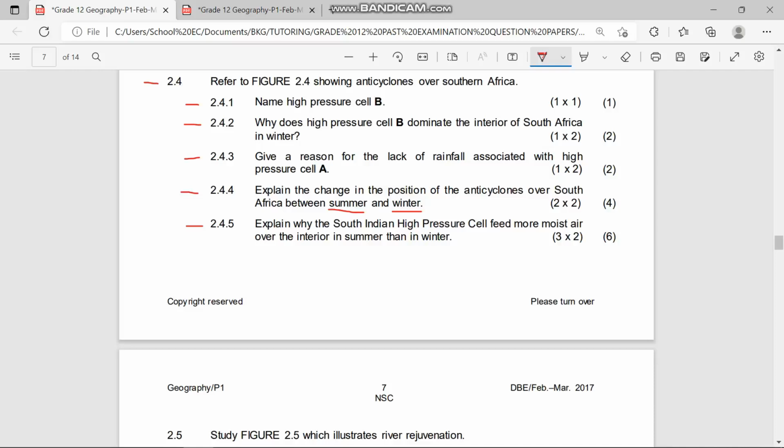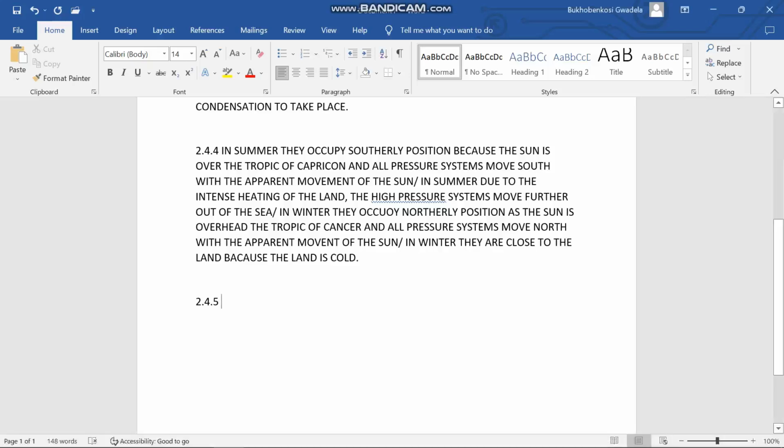So we can say for 2.5, in explaining why South Indian high pressure cell feed more moist air over the interior of South Africa in summer than in winter, you can say the inversion layer is above the escarpment and allows moisture to feed over the interior.